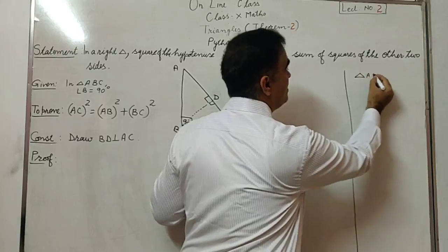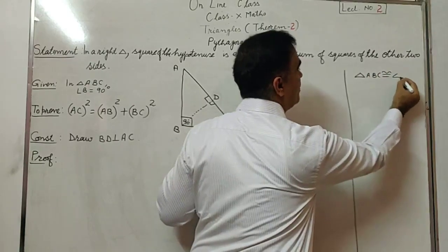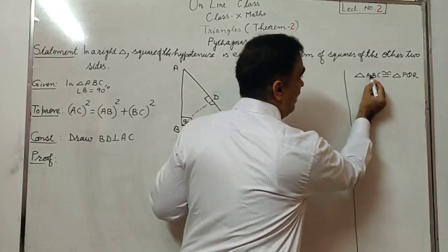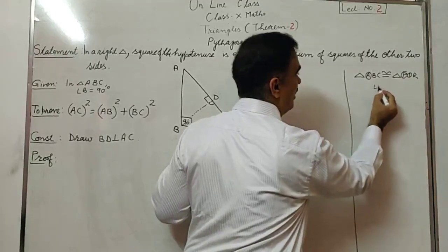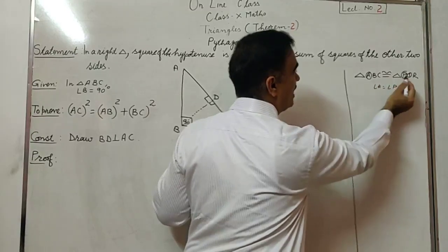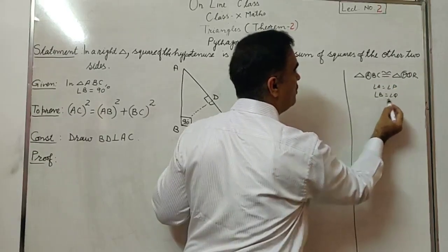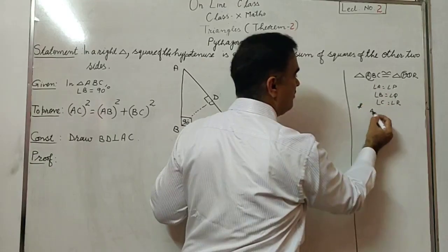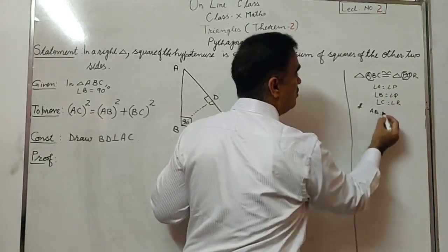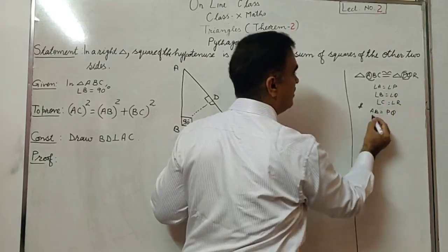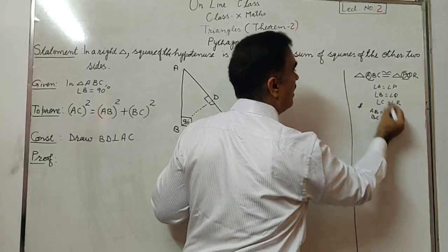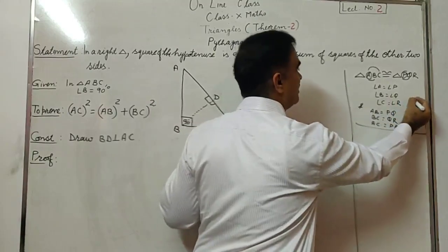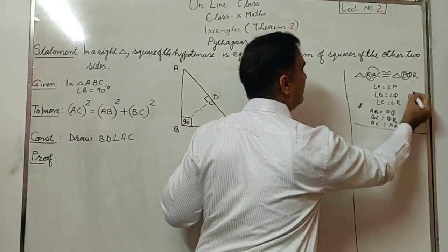If triangle ABC is congruent to triangle PQR, then corresponding angles are equal: angle A equal to angle P, angle B equal to angle Q, angle C equal to angle R, and corresponding sides are equal: side AB equal to side PQ, BC equal to QR, and AC equal to PR. This you have studied up to 9th class.